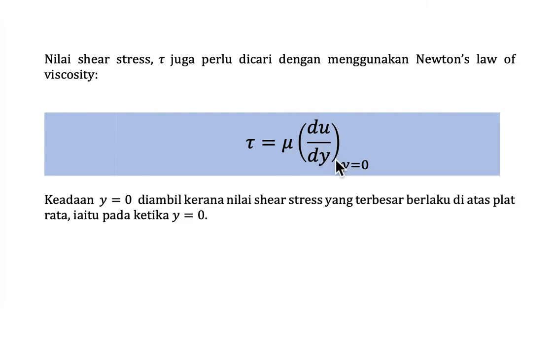And then we need to take the value of du dy at y equal to 0. It is because the shear stress will occur at maximum value at y equal to 0, because at y equal to 0 it is the no slip condition, meaning the resistance is the highest value.